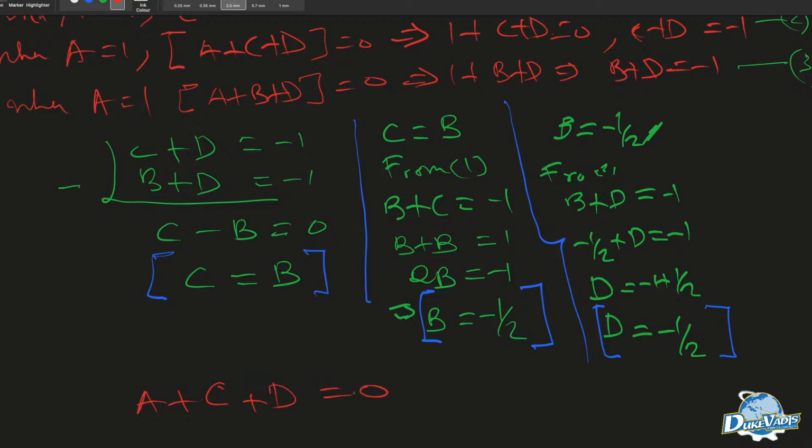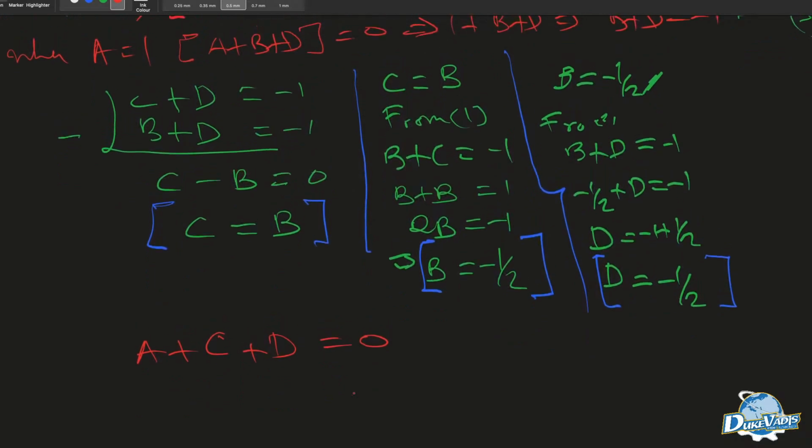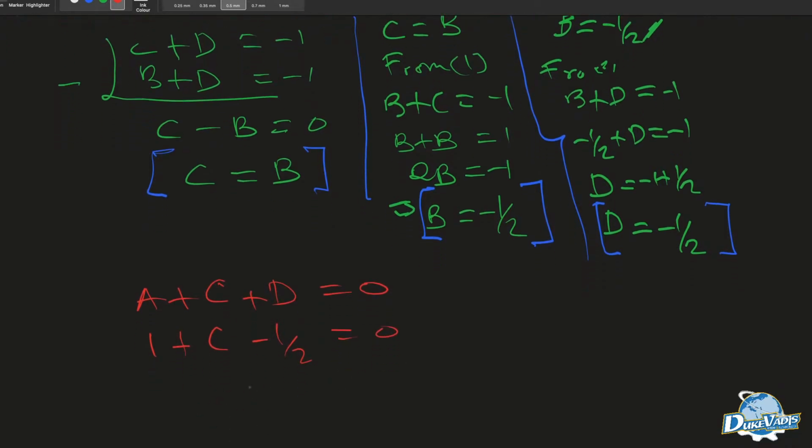So when we put in all the respective values in the equation, we are going to get 1 plus C minus half is equals to 0. Okay, giving us our C to be equals to negative half as well. Wow. So therefore, we've got all the values that we need for our partial fraction.